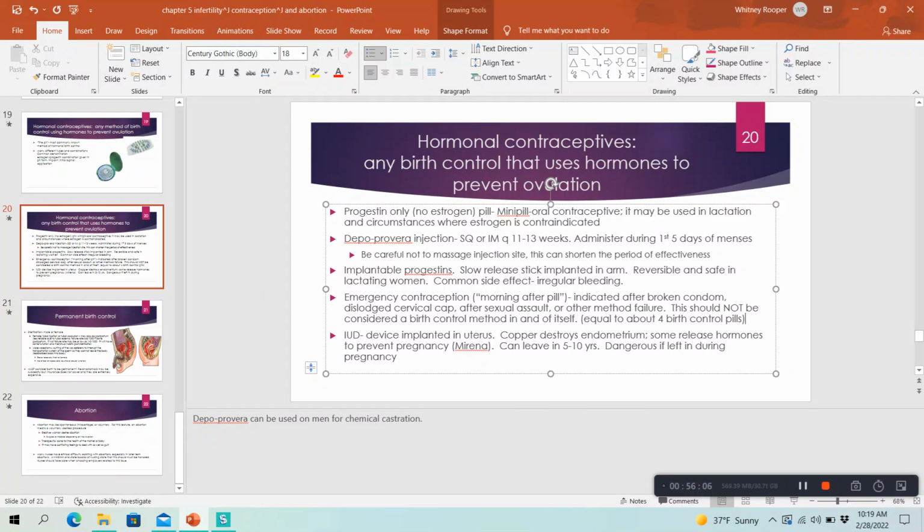How that Plan B or morning after pill works is, if a conception occurs, it prevents implantation in the uterus. So let's say a woman comes to the ER, she's not on hormonal contraception. If you're already on the pill, you shouldn't need it. But let's say you're not on the pill and you are sexually assaulted and you're concerned about pregnancy.